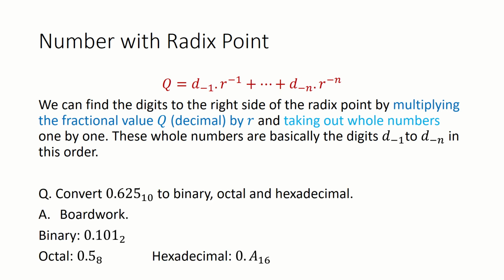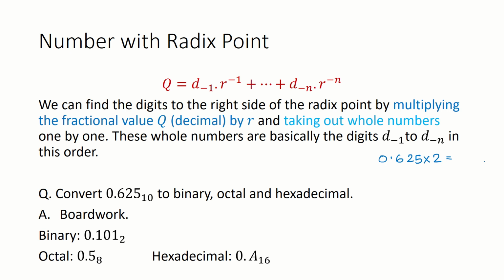So, let us see an example of this, 0.625. We want to know what 0.625 in decimal will be in octal, binary and hexadecimal. For binary, first we will do multiplication with the radix 2.